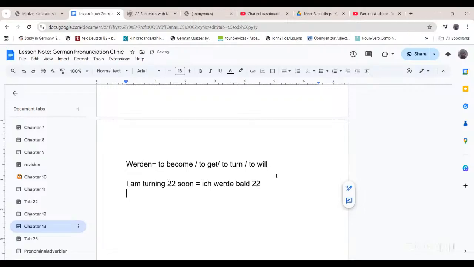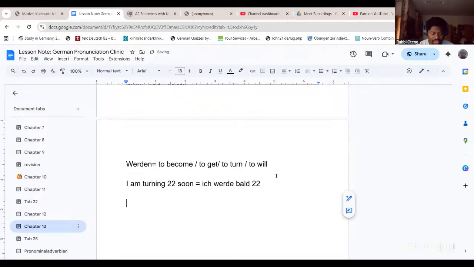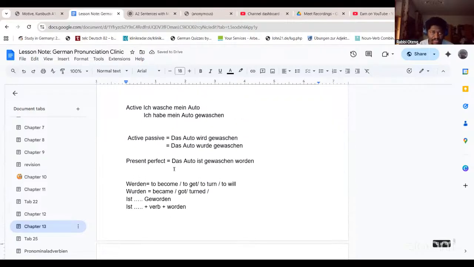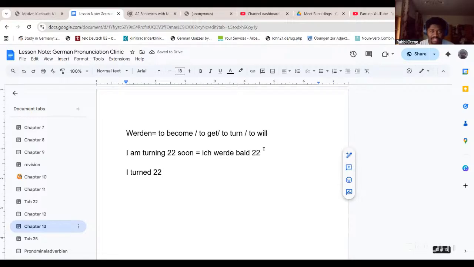Okay. So yesterday I became 22. I turned 22. But before we go to the past, I said you have two ways of forming a past tense with werden. Past tense is a fixed past tense.